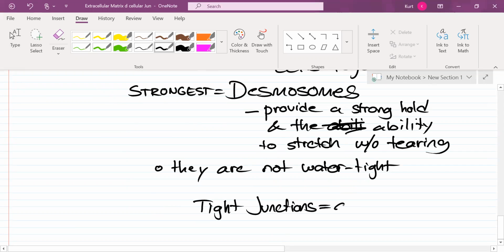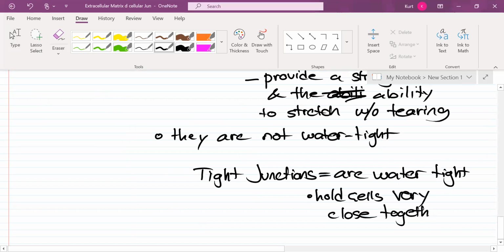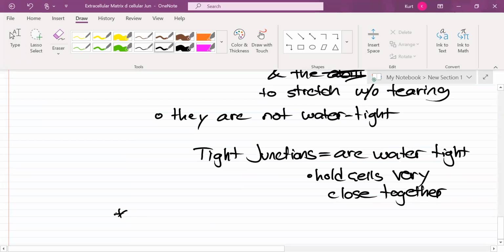Tight junctions are watertight. They hold cells very close together. These two work together in our tissue.